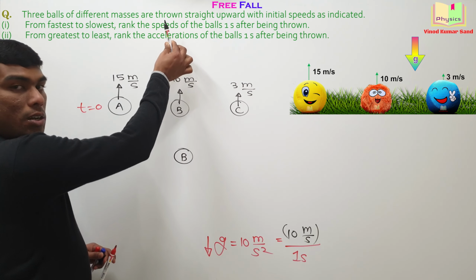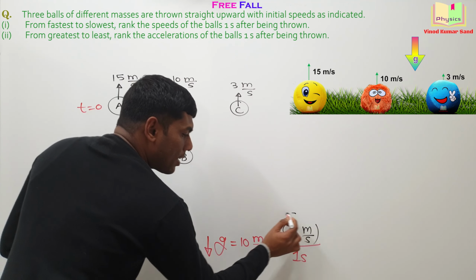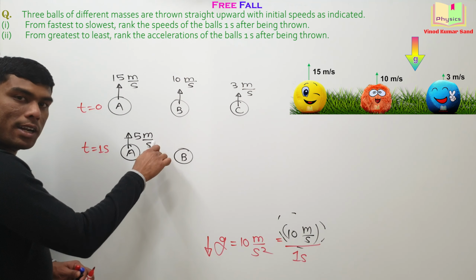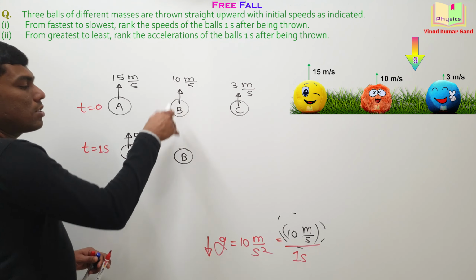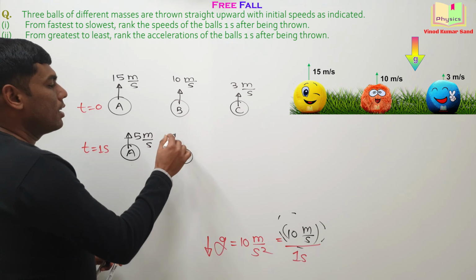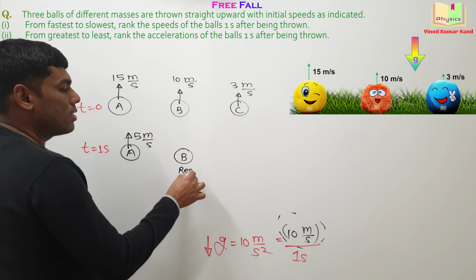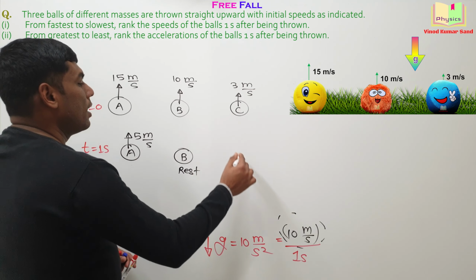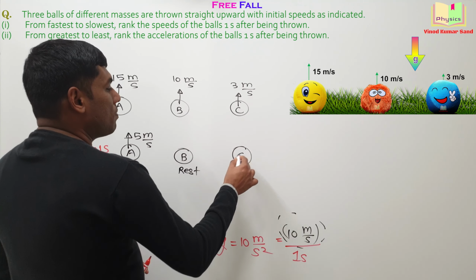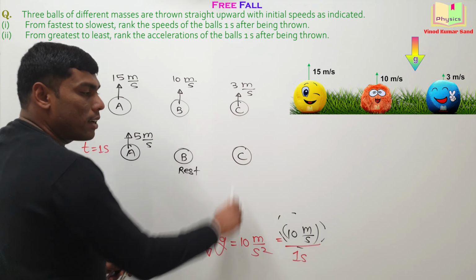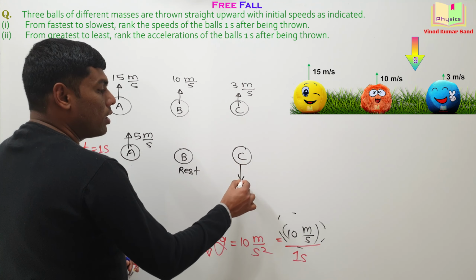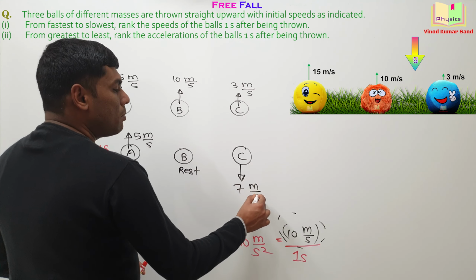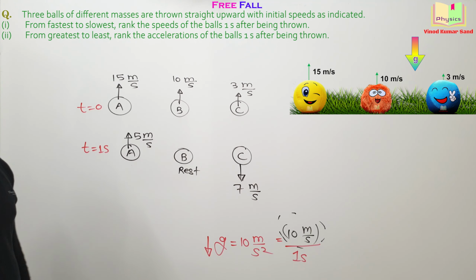Already it had 10 meter per second in the upward direction and an extra 10 meter per second has been added in 1 second. So this 10, that 10 nullified, its velocity is 0. It is at rest, momentarily at rest. And C, 3 upward, 10 downward. So the net effect will be 7 meter per second in the downward direction.